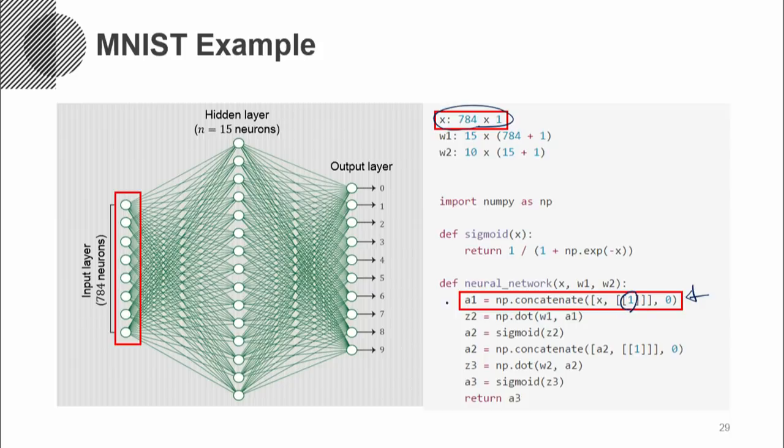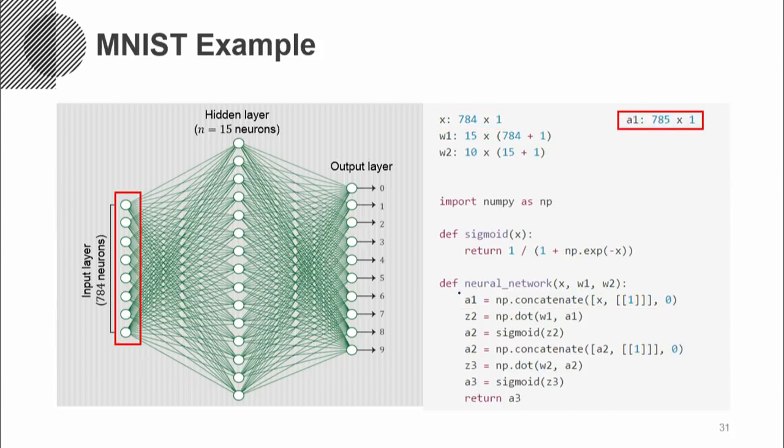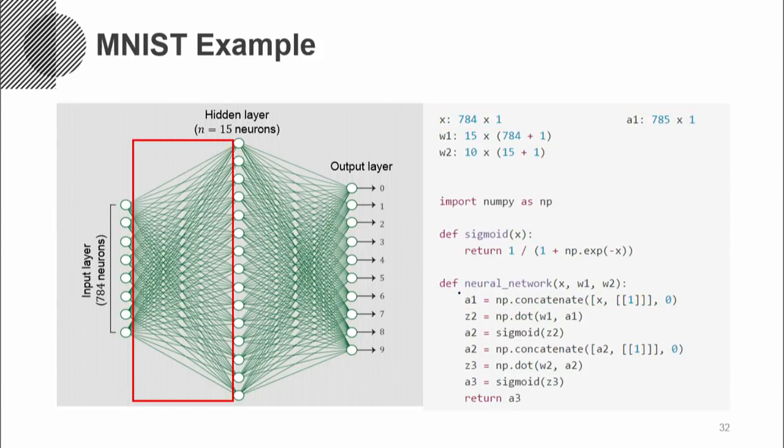And so it is the first layer output. Okay, and then the size will be 785 by 1. Then let's look at this edge part. So this contains the information of the linear combination of weights that will generate the hidden layer output. And this weight has the size of 15 by 785.